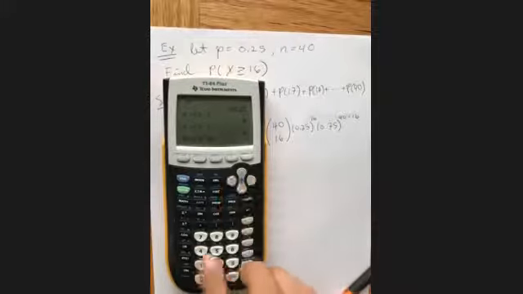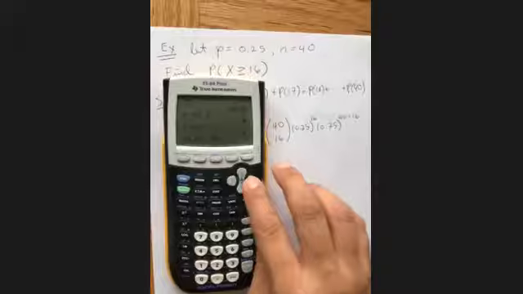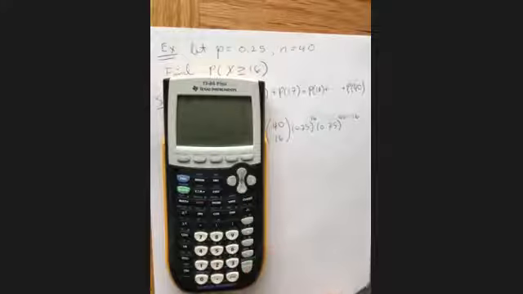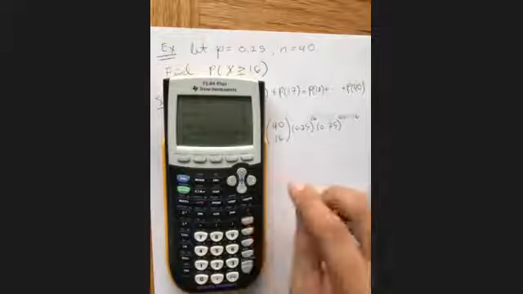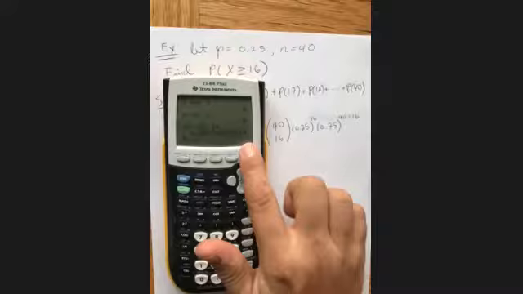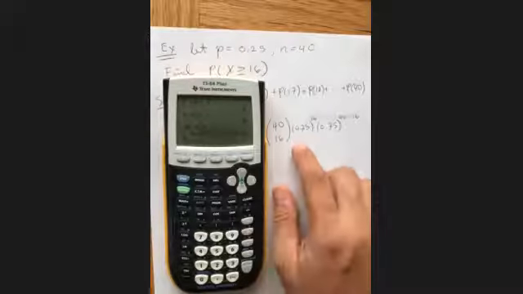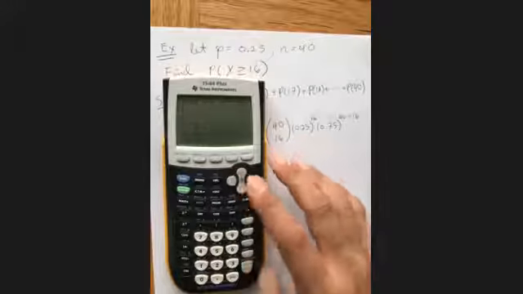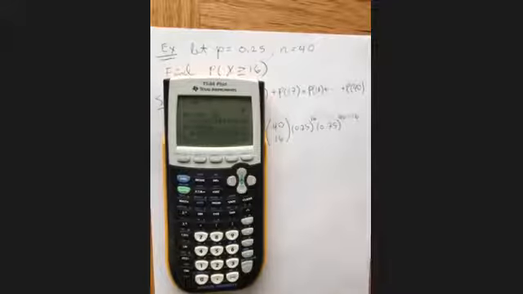But now we change the numbers to 40 and 16. And we get a very hideous number that we can't even write down in its entirety. It's huge.